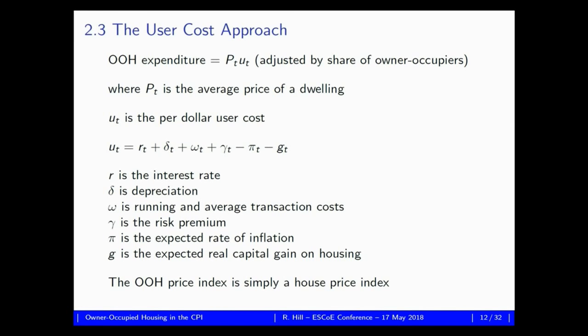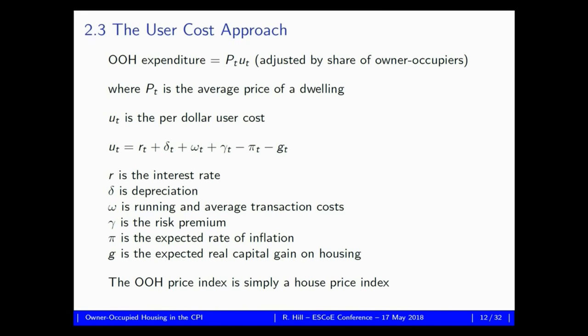There are less and more complicated versions of this user cost formula. This is a fairly simple one because, for example, if you can tax deduct mortgage interest payments as an owner-occupier, the formula becomes more complicated. The interest rate is in here because you're foregoing interest by investing in the housing market. You've got the depreciation of the property. You've got the omegas, the running costs and average transaction costs.